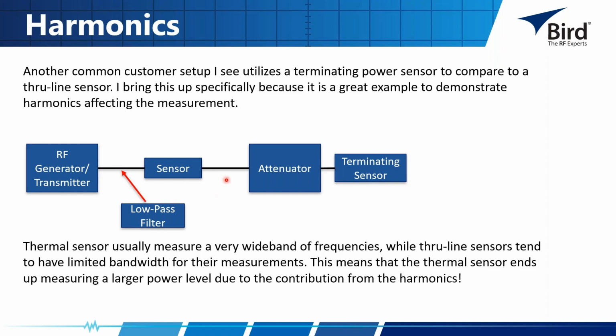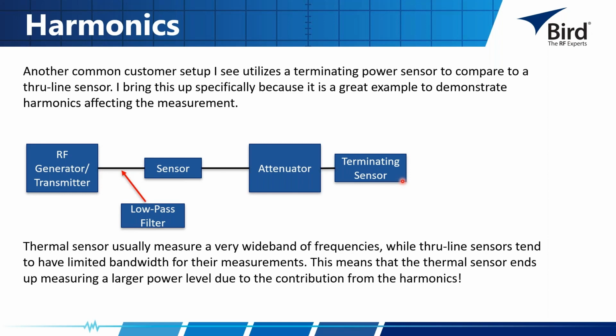And where I really start to notice that affects what the difference of those two sensors come into play is, first off, there's limitations around the accuracy of the attenuation for different attenuators. I know you can buy more precision ones, but it's always a little bit trickier to completely nail down attenuation associated with attenuator, especially they're going to be thermally dependent and they're going to have variations over temperature. But something like a terminating style power sensor that might be measuring heat can easily be measuring anywhere from 100 kilohertz up to 6 gigahertz.